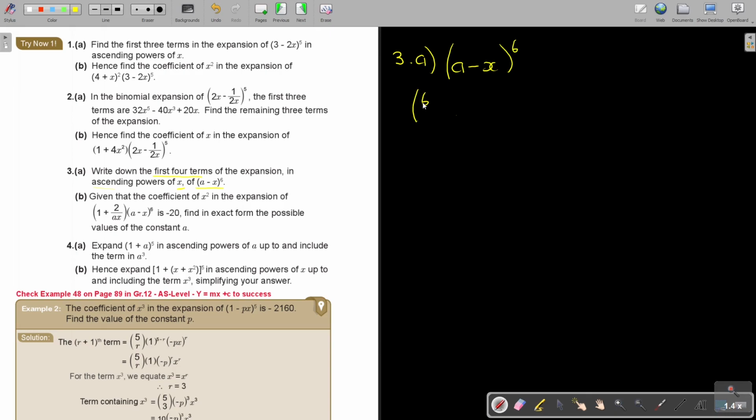So the first term will be 6C0, then a to the power of 6 minus 0, top minus bottom, and negative x to the power 0. Plus, then the second one, 6C1, then a to the power of 6 minus 1, top minus bottom, and then negative x to the power 1.